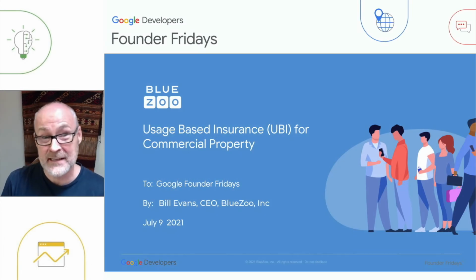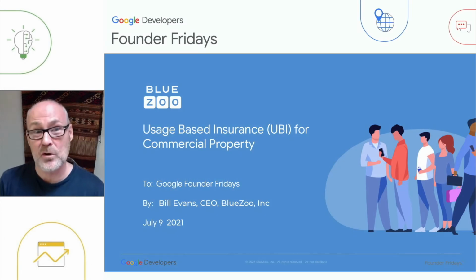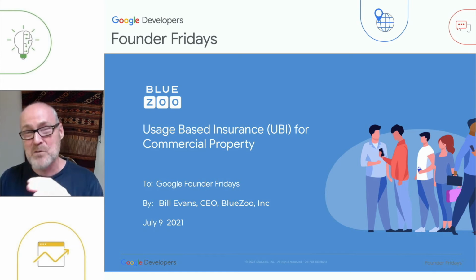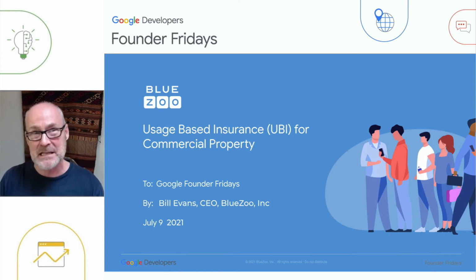BlueZoo's mission is to use technology to make the world a safer place. We do this by measuring risk, predicting risk, and then working to prevent claims in the insurance industry. Our technology is able to anonymously detect the occupancy of a space and the presence and movement of people in that space.